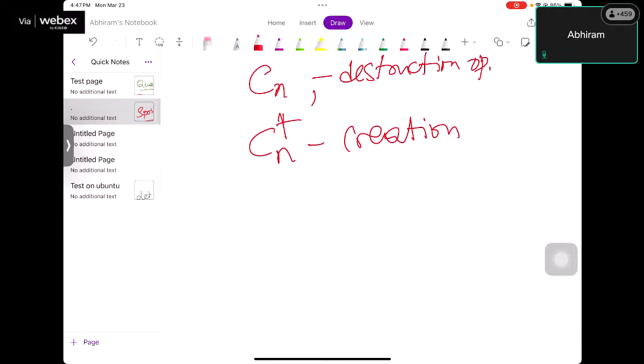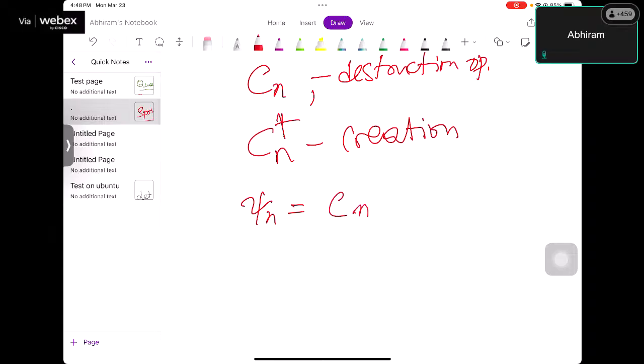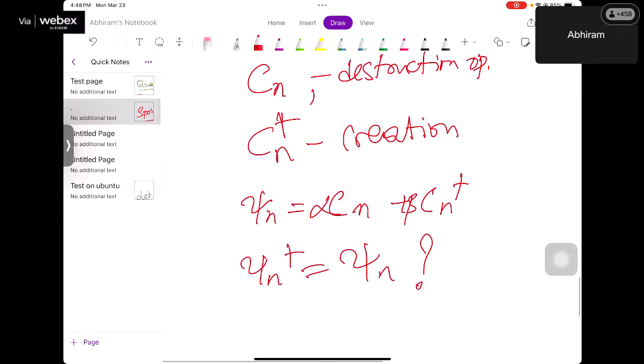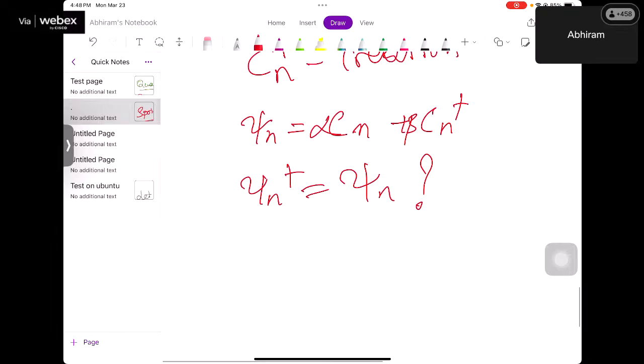Now, is there any way to make a linear combination of Cn and Cn dagger? Let's say psi n is an operator equal to alpha Cn plus beta Cn dagger. What values of alpha and beta should I choose so that psi n dagger is equal to psi n? That's the question I have.